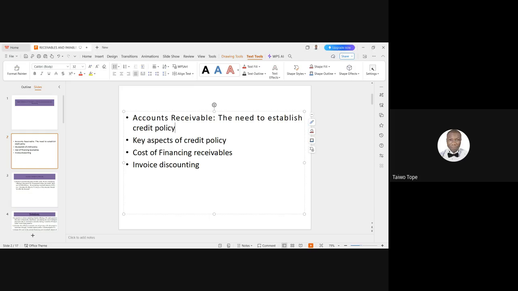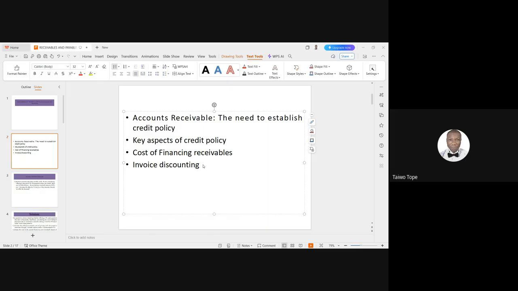Every business that wants to survive, that wants to keep operating in perpetuity, must have a credit policy set up. And the essence of the credit policy is to see how you can manage your receivable in an appropriate way.